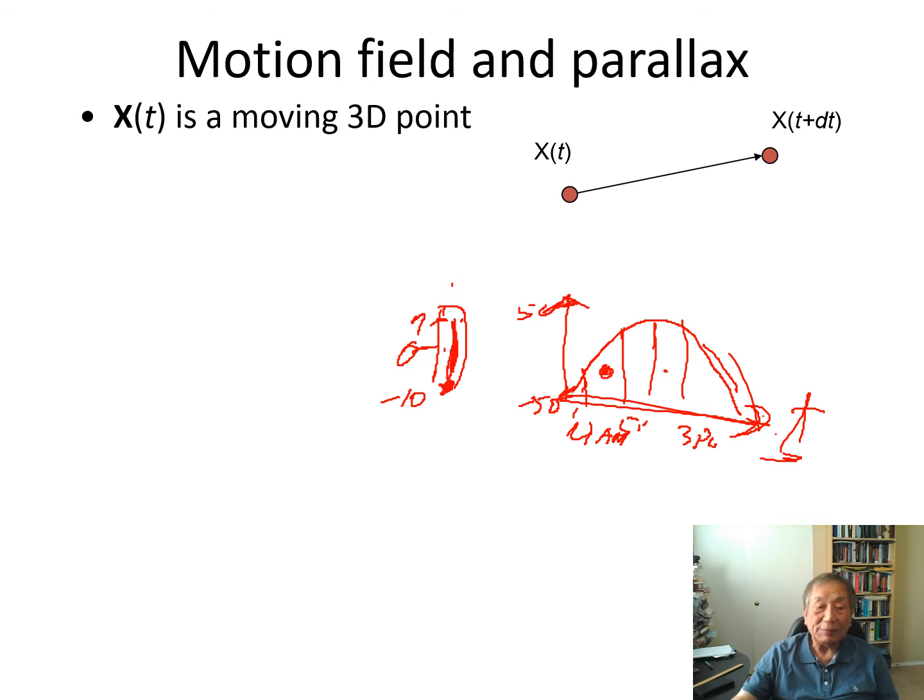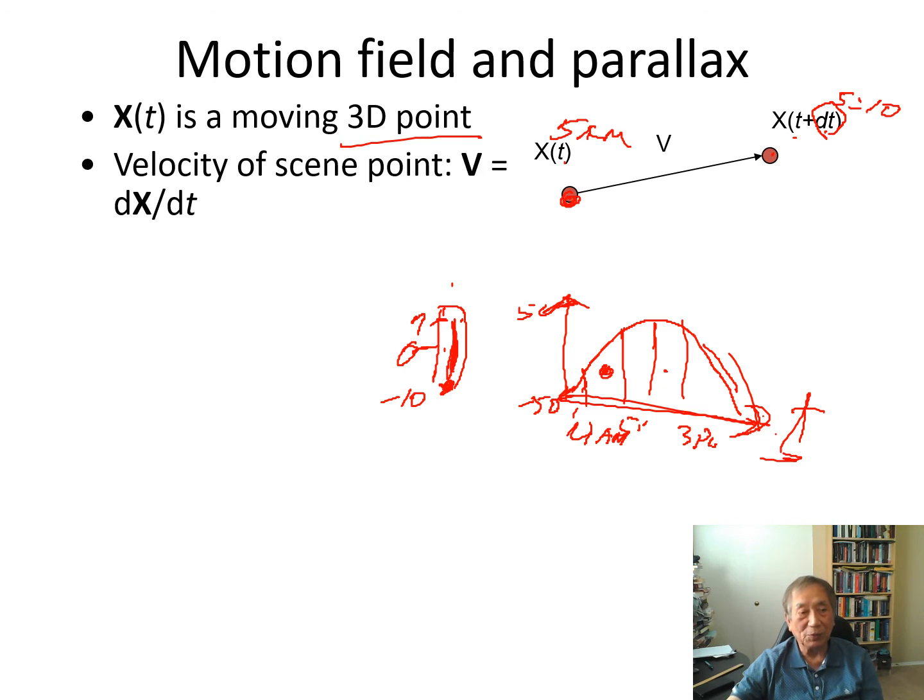So the dynamics is obviously the changing of the location. At time t it is here, and at time t plus delta t it is there. If this is 5 a.m. and this one may be 5:10, 10 minutes past, where do these dots go, like a sun moving? That is the moving 3D points.